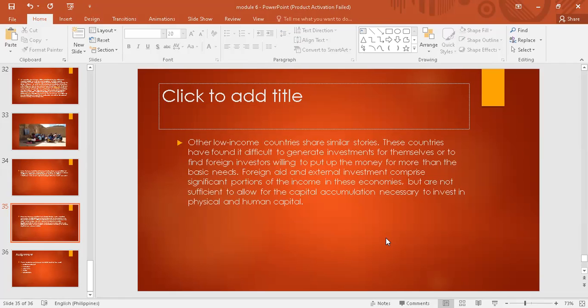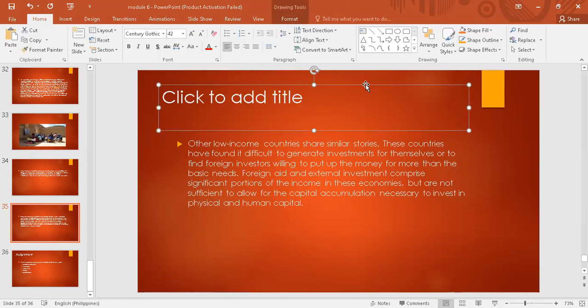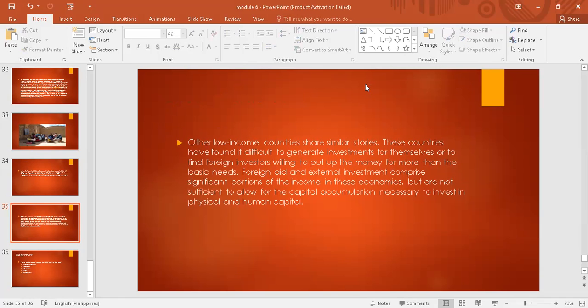So, we will probably realize that the government is doing its part sa country natin to create development sa ating ekonomiya. Kasi lahat, especially the public, are the ones that benefit from these policies by our government.